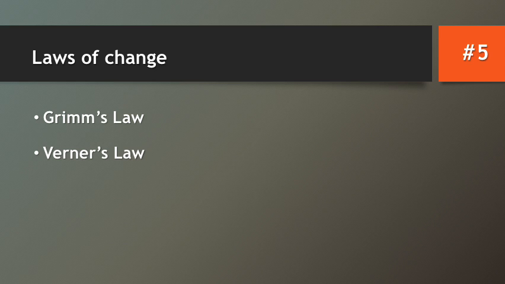Other sets of changes include that Indo-European voiced stops became voiceless, and that aspirated voiced stops became unaspirated. However, some words in languages like Latin and Greek did not develop the expected fricative sound. Instead, the Indo-European voiceless stop evolved into voiced fricatives.